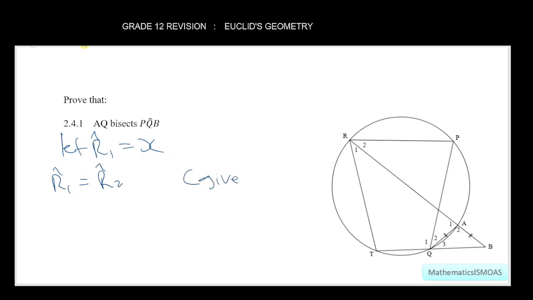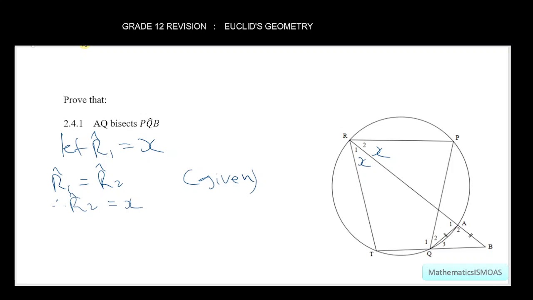This one we're given. Remember, we're told that RA bisects angle R, which is angle PRT. Therefore, our angle R2 will also be equal to X. So R1 is equal to X, R2 is equal to X.